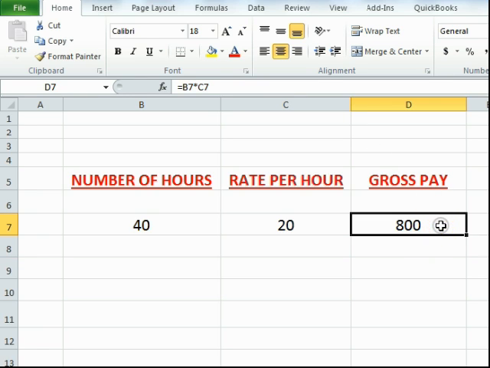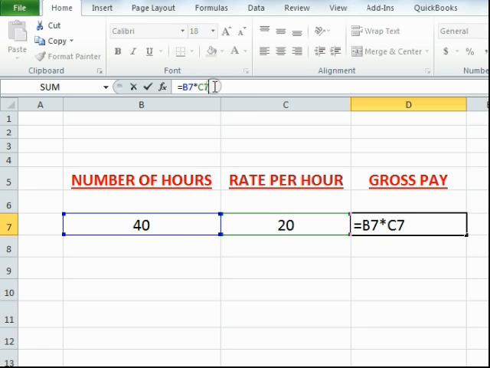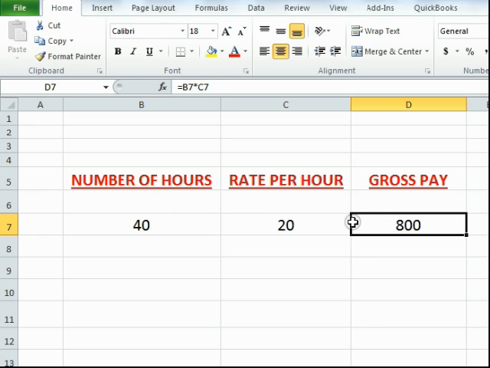When I click back on cell D7, you can see that the number 800 is not really what's in cell D7. The formula bar is showing what's really in cell D7 is B7 times C7. Now, why is it better to type in B7 times C7 and have the computer looking at whatever number's in the cell instead of typing in the actual number?